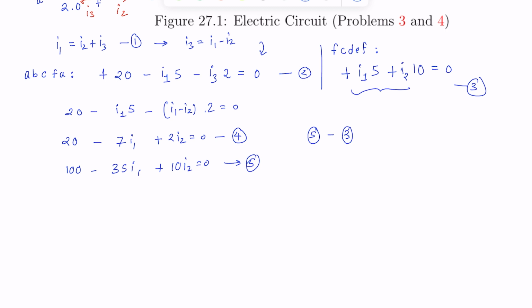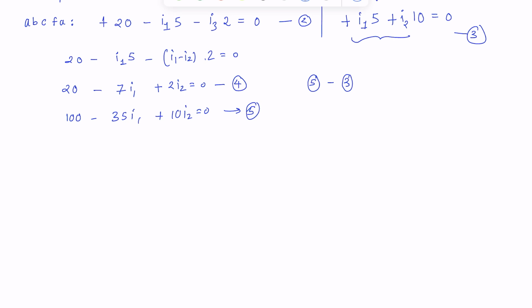So I'll have 100. Make sure you're following this. 100 minus 35I1 plus 10I2 minus 5I1 minus 10I2 equals 0. Let's call this equation number 6. So what I've done is just subtracted equation number 3 from equation number 5.